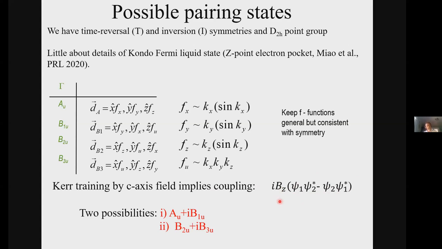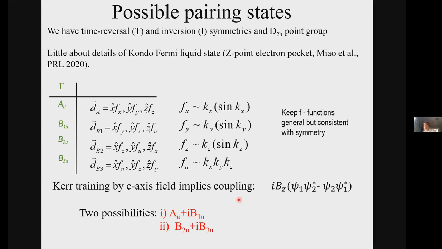If this coupling exists, that puts symmetry constraints on the two components psi1 and psi2. And so you can ask what combinations of psi1 and psi2 allow you to have this term in your free energy. There are two possibilities. The first is an Au plus i B1u state, and the second is a B2u plus i B3u state. And so you're naturally led to these two possibilities.